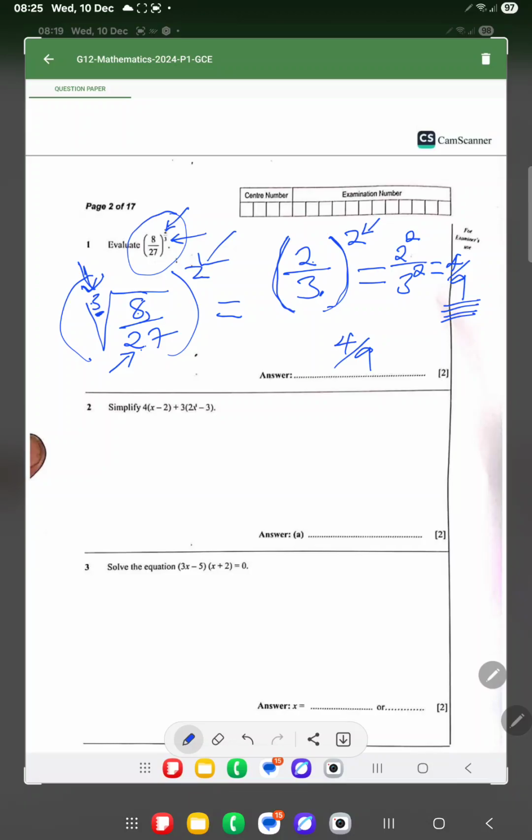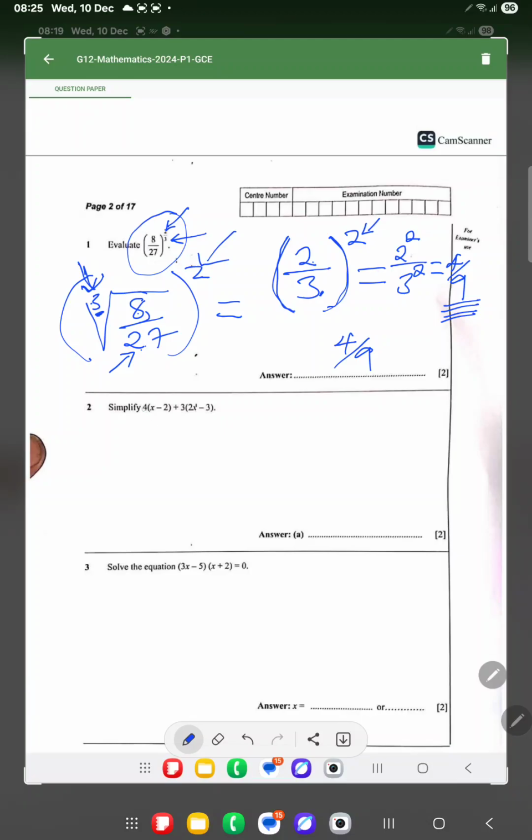You go to the second one, which says simplify 4(x minus 2) plus 3(2x minus 3). How can you solve this one? You should always start by multiplying the scalar, the number which is outside, with whatever is inside the brackets.